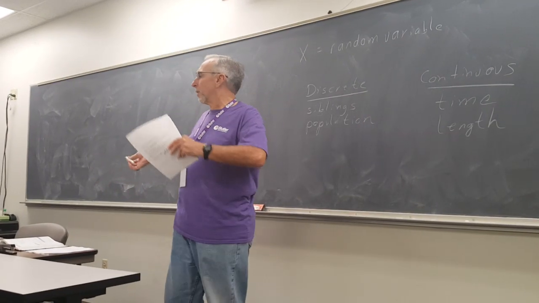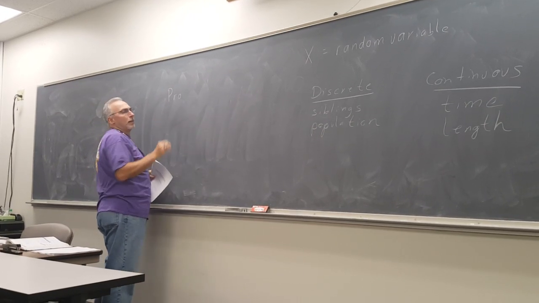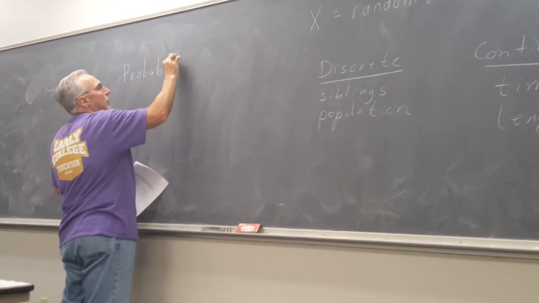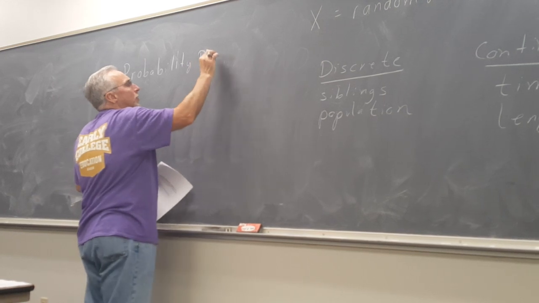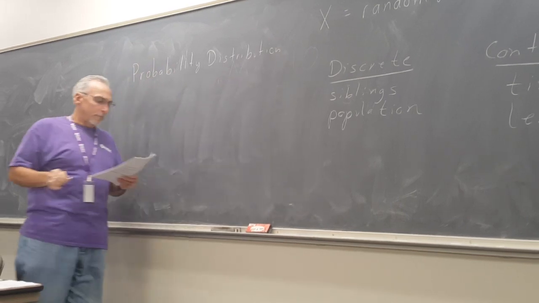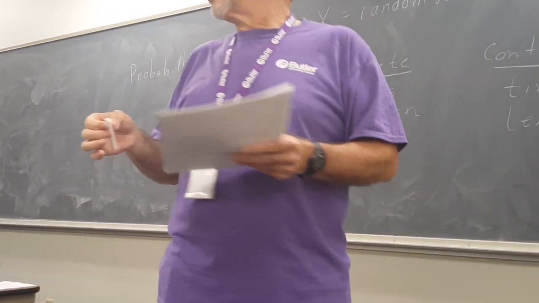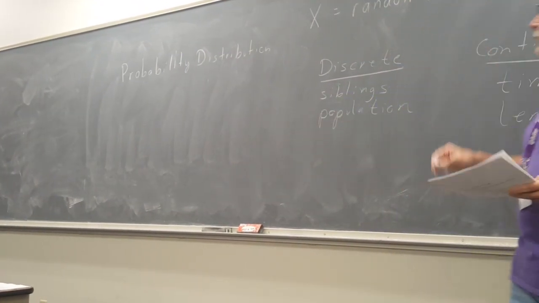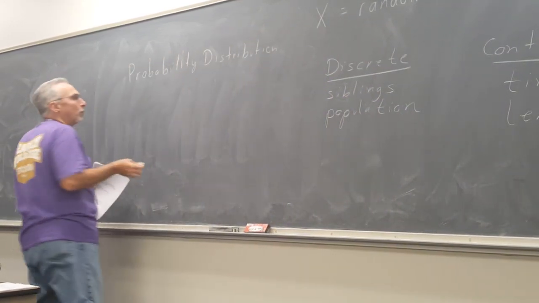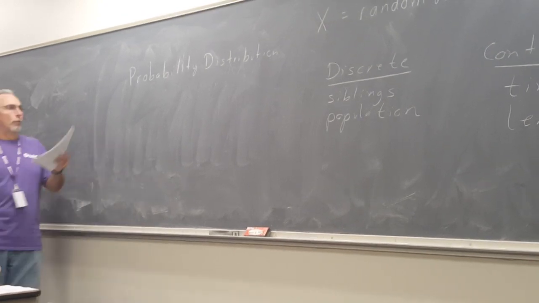So you remember before, they called it a probability model? So in this section, when you're talking about a random variable, they just changed the words a little bit. It's called a probability distribution. So, again, a probability distribution just tells you what the probability is for each of your random variables. So similar to what we did before, there's two properties that you have to remember anytime you're talking about a probability for a random variable.